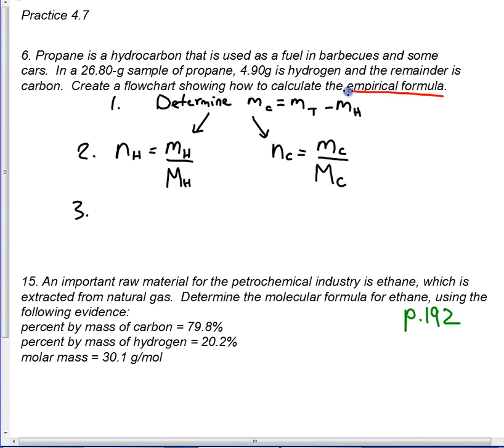Step 3 would be to compare NH to NC as a ratio and reduce it to lowest terms.